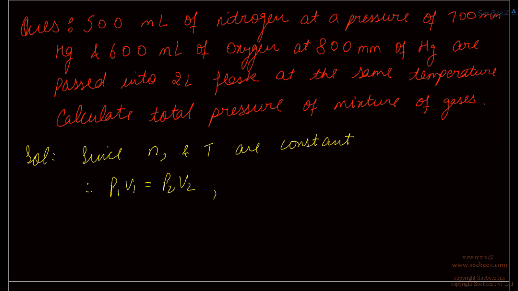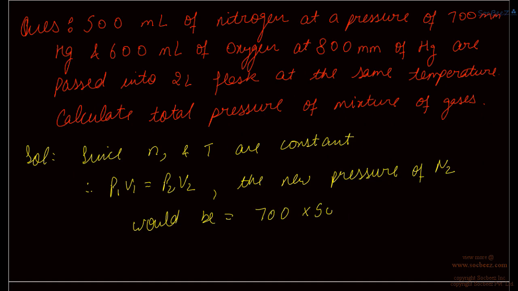That's Boyle's law, which is applicable here, and hence the new pressure of N2 would be 700 into 500 upon 2000. 500 is the initial volume, 2000 ml is the final volume, 700 millimeter Hg is the initial pressure.